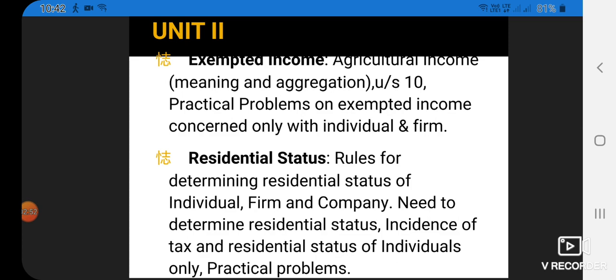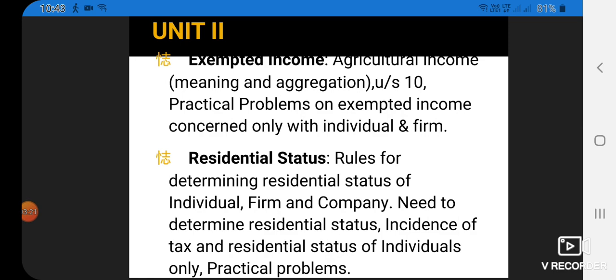And second part of second unit is residential status. Under this, we are going to understand rules for determining residential status of individual, firm and company, and the need to determine the residential status, then incidence of tax and residential status of individual only, and after that we are going to learn problems.